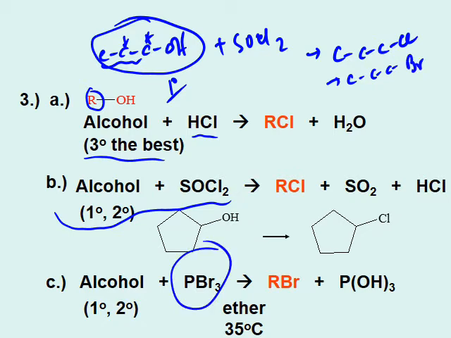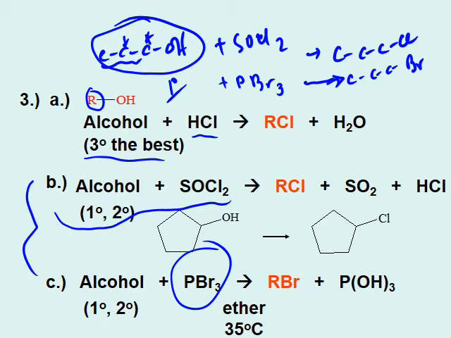So keep that in mind. Depending upon what you want, you'll have to know what reagent you need to use. Pay attention to the fact that for 1 degree or 2 degree alcohol, these reactions can happen. With thionyl chloride, you can get alkyl chloride. With PBr3, you get alkyl bromide.